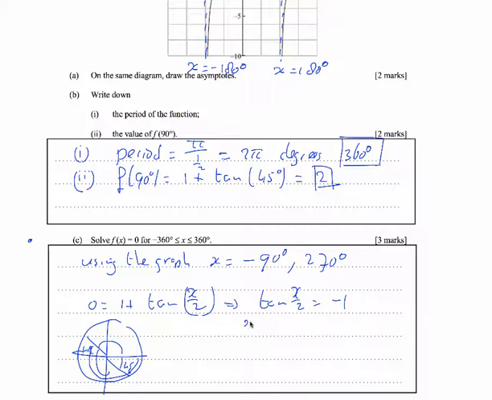So x over 2, going forwards, is 180 minus 45, so it's 135, and then it's 360 minus 45, so 315, and of course I can go backwards too. So backwards is minus 45, and then I'm going into minus 180 minus 45, so it's minus 225 degrees.